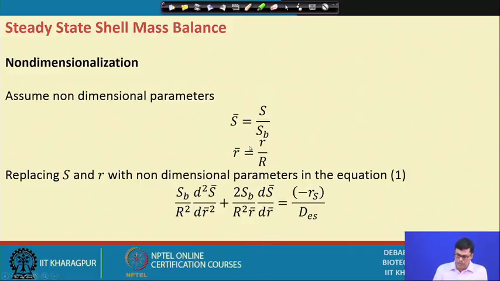Now, if we assume non-dimensional parameters like this, previously we assumed this as Xs, but in this case we assume this as S bar to understand differently: S bar equal to S by Sb for internal diffusion, the same thing, only we use different terminology, and r bar equal to small r by capital R. Then the previous equation can be rewritten in this form.